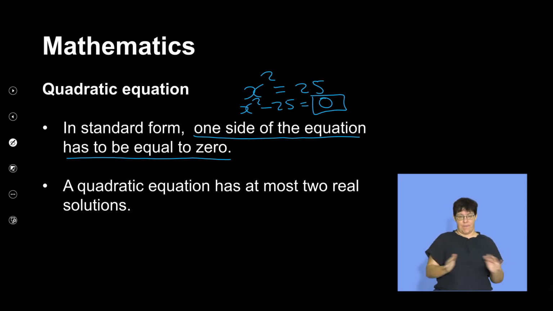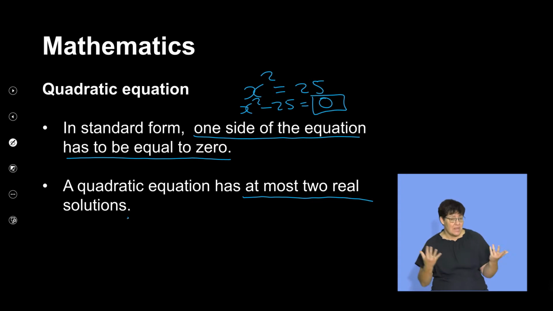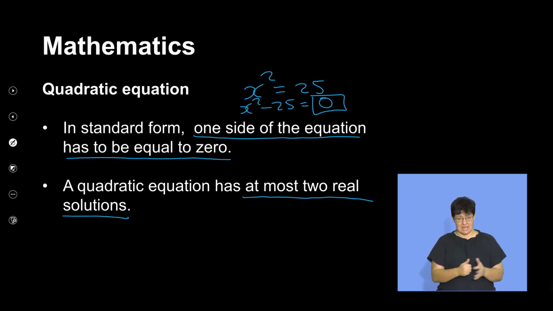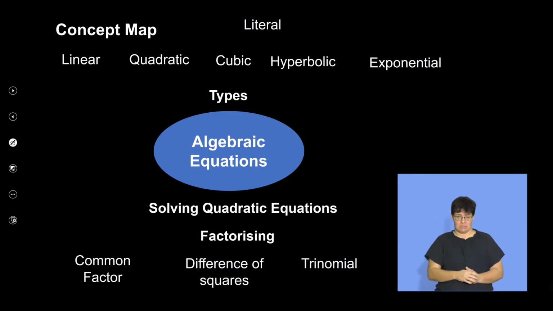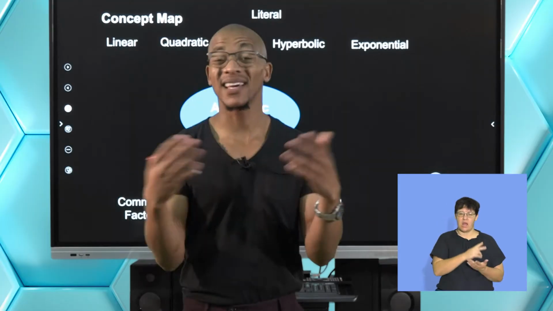The last point about a quadratic equation is that it has at most, remember when I say at most, it means the maximum number of solutions has to be 2, and it has to be 2 real solutions and not non-real solutions. Remember, non-real has to do with when we're talking about a square root of a negative number, that is a non-real number.